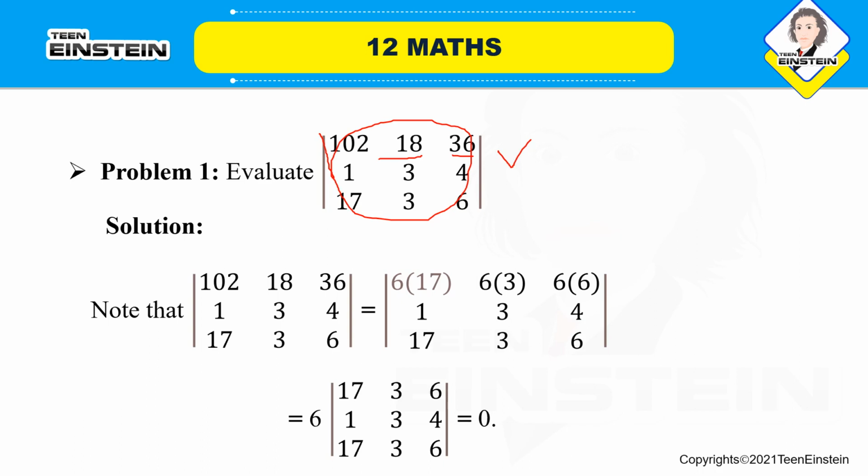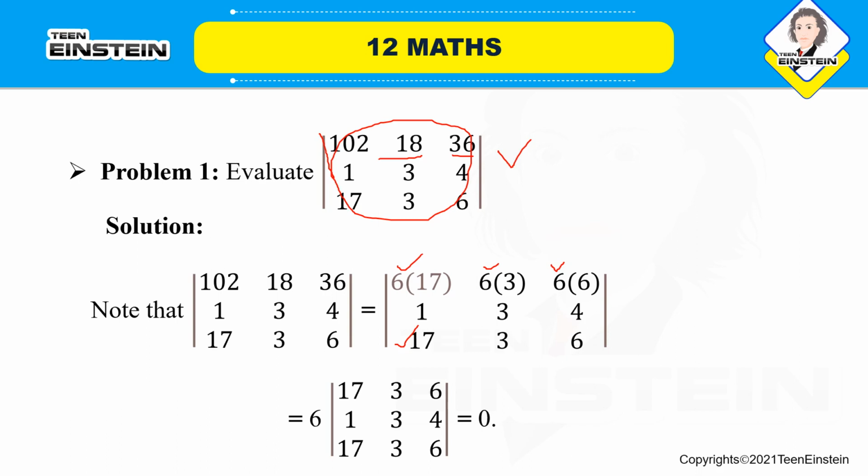So how can we express it? 6 into 17, 6 into 3, 6 into 6. Here the first row and the last row are proportionate, and the common factor from the first row is 6.